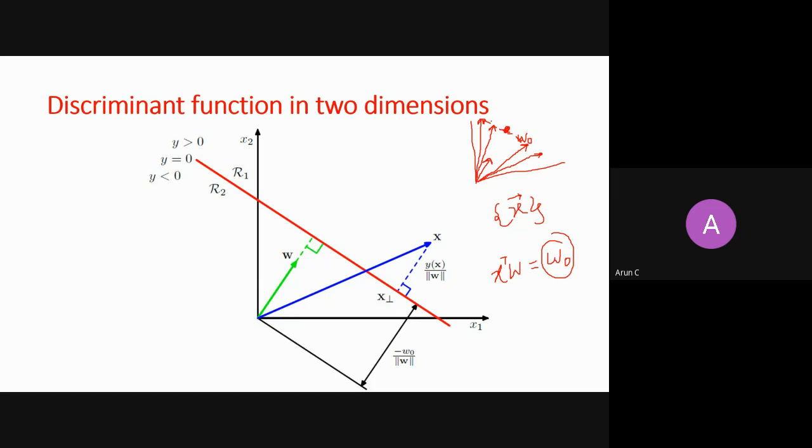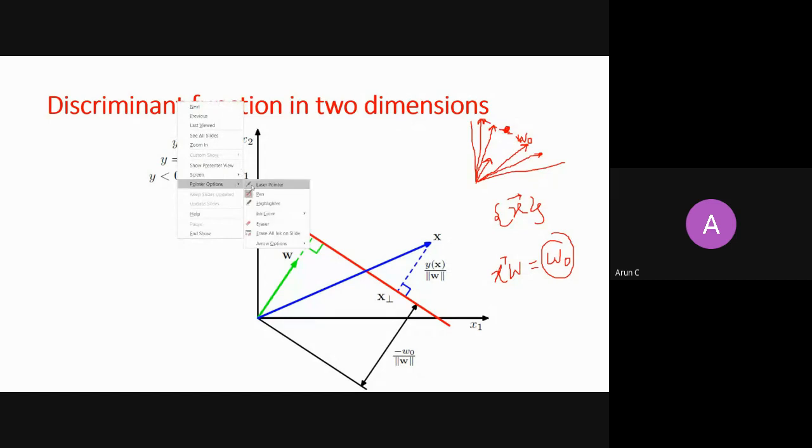Can anybody tell me what this set will tell me? What if I join all those vectors, each represented as a dot? What finally will I get? A plane. A line here, right?